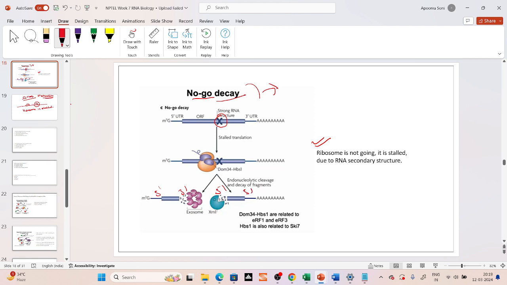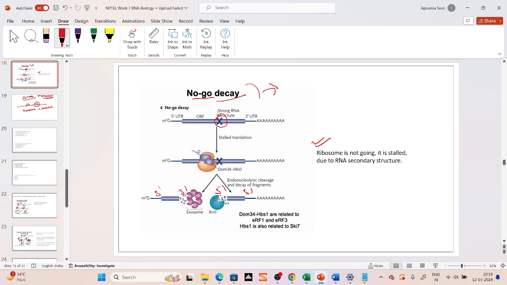That means the mRNA is broken into two parts, and each part has its own 5 prime and 3 prime end. Then at the 3 prime end the exosome will come and degrade the mRNA. At the newly formed 5 prime end XRN1 will come and degrade the mRNA.